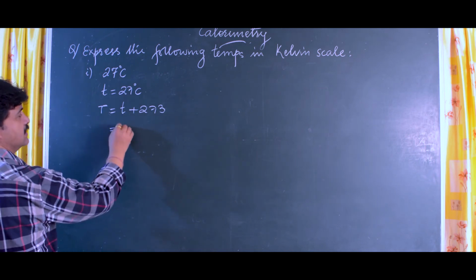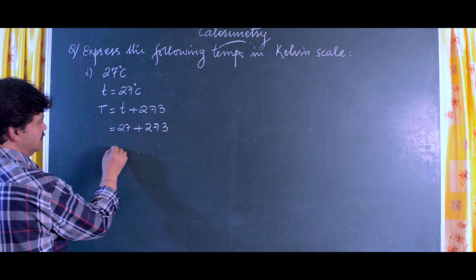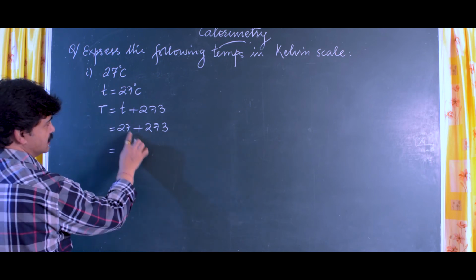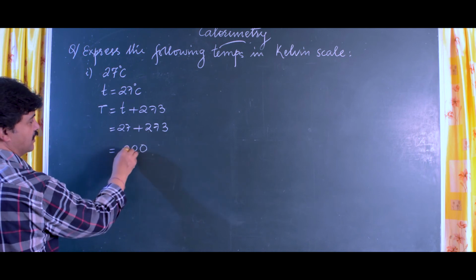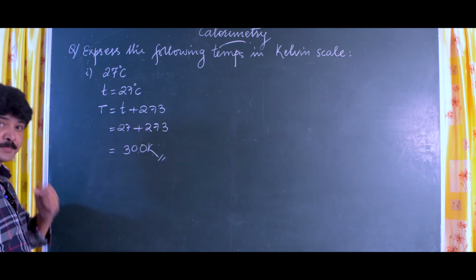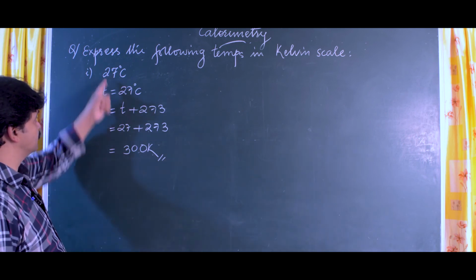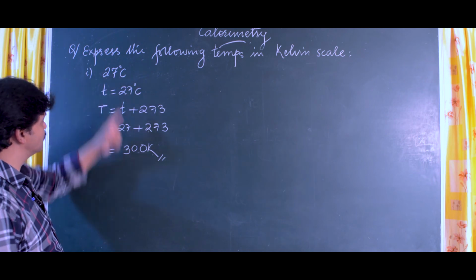So T is 27 plus 273. When we add these two, we get 300 Kelvin. Don't ask which one is greater. They mean the same temperature, only the numbers are different.